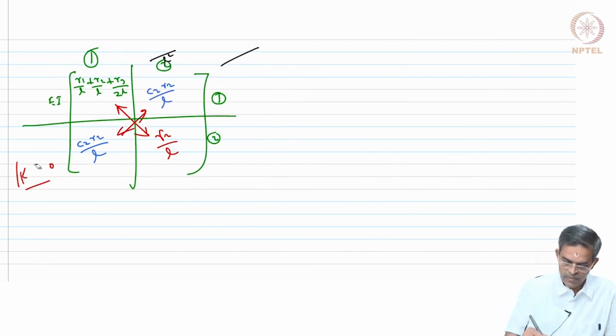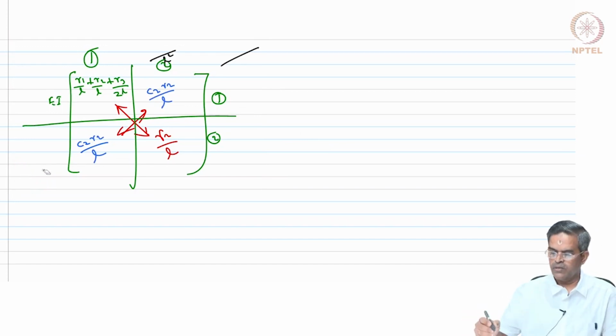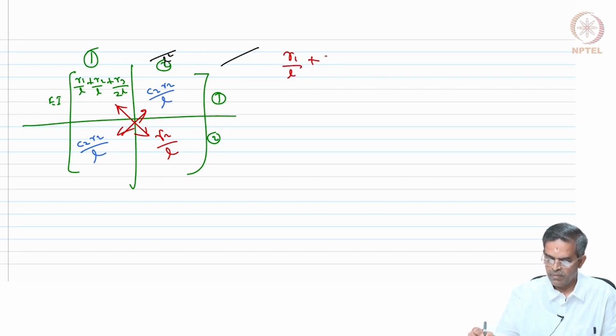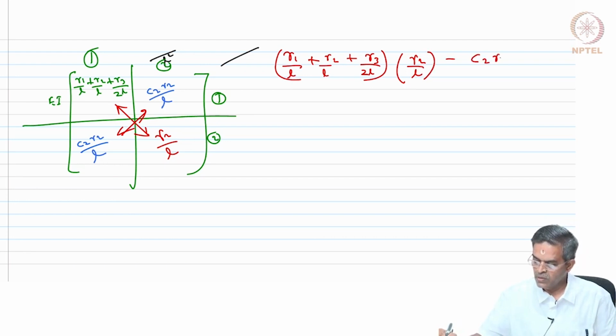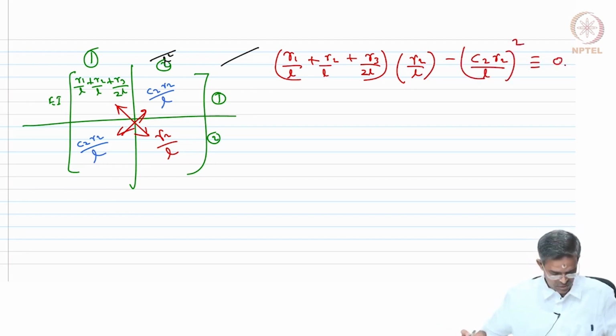So I should say R1 by L plus R2 by L plus R3 by 2L times of R2 by L minus C2 R2 by L, the whole square should be set to 0, am I right?